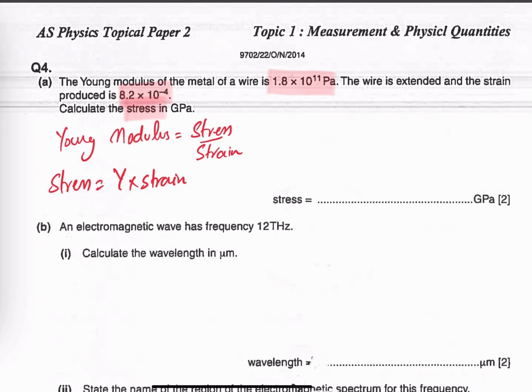Young modulus was 1.8 into 10 raised to power 11, and strain is 8.2 into 10 raised to power minus 4.